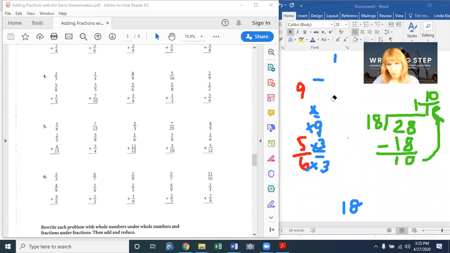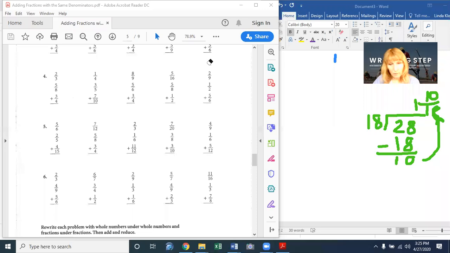A little bit more room for us. Hopefully you got that down. So 1 and 10/18. What number will divide into the 10 and into the 18? Yeah, 2.